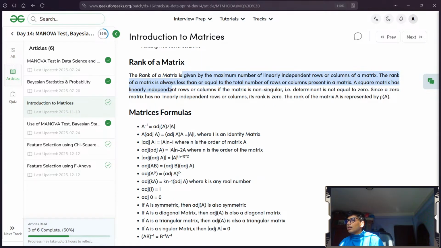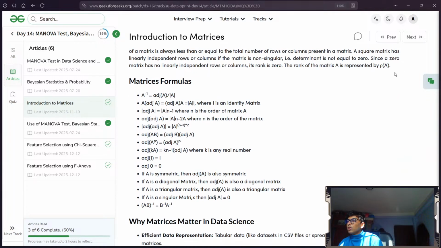A square matrix has linearly independent rows or columns if the matrix is non-singular, that is, the determinant is not equal to 0. Since a zero matrix has no linearly independent rows or columns, its rank is 0. The rank of a matrix A is represented by rho or sigma.